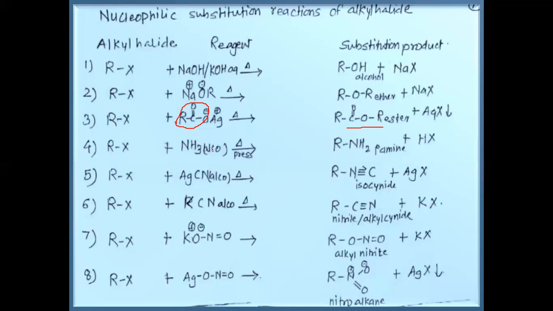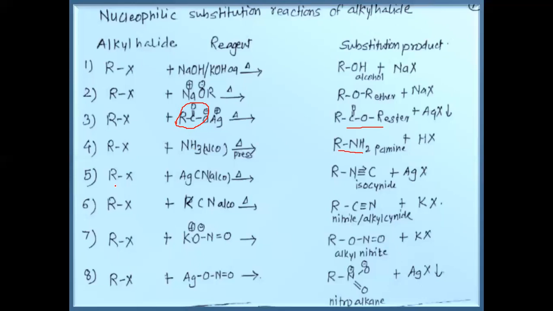Alkyl halide plus alcoholic ammonia under pressure: NH2 minus substitutes halide X, so this is a primary amine, RNH2.